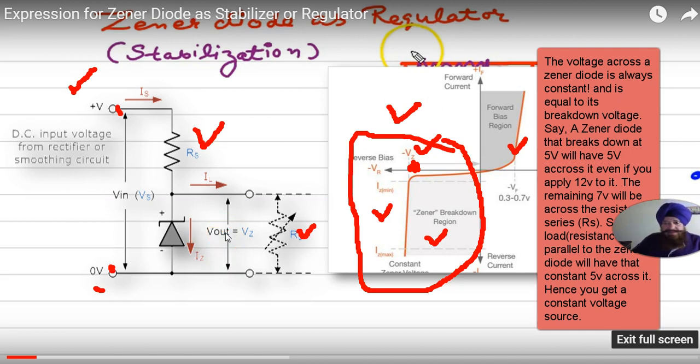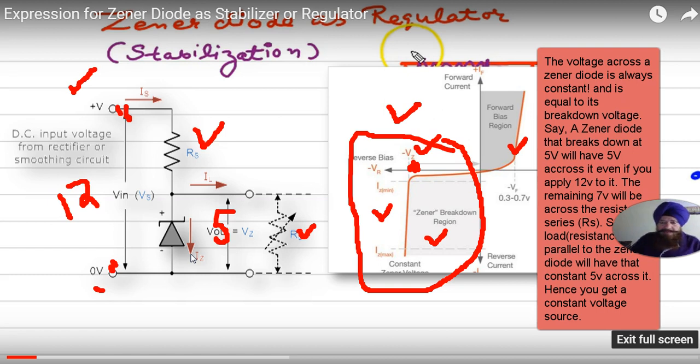A Zener that breaks down at 5 volt, suppose the breakdown is 5 volt, will have 5 volt across it. Even if you apply 12 volt here, the output remains 5 if the Zener breakdown is 5 volt.